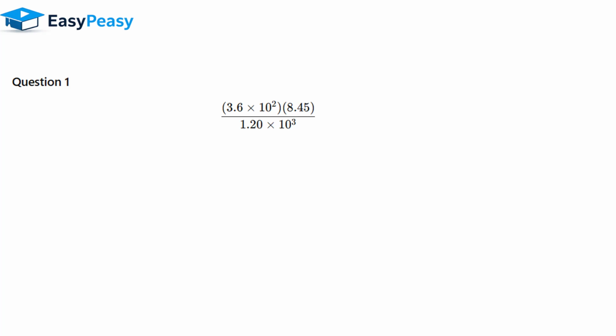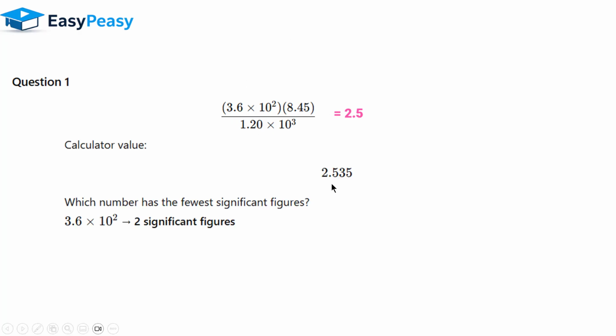What could be the answer of this question? The answer needs to be 2.5. How come, right? Now let's do the calculation first. After calculation, the value should be 2.535. And in all these values, this value has 2 significant figures.